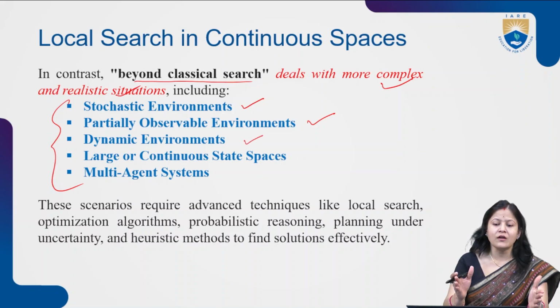And this beyond classical search technique can also be used in a dynamic environment, meaning a changing environment, which is not fixed like the chessboard or tic-tac-toe game, or the Ludo game. Dynamic environment means suppose we are sending a drone from one place to another to deliver packets. In that case, the drone has to explore the path, because all the information about the environment may not be known to the drone, which is called the agent here.